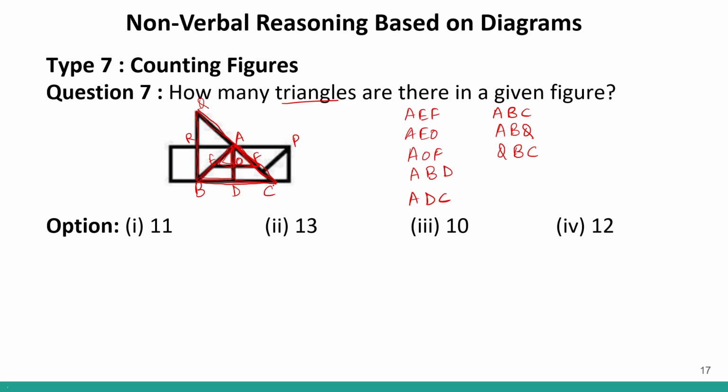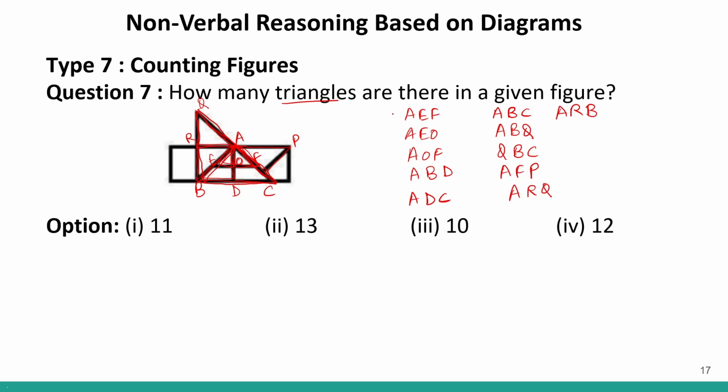Now over here I can see that AFB is also a triangle. And I can see that ARQ is a triangle. And similarly ARB is a triangle. So in all, these are the triangles that I can see in this image.